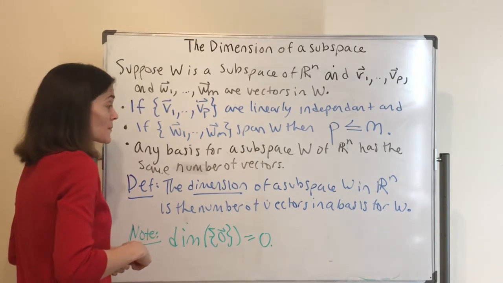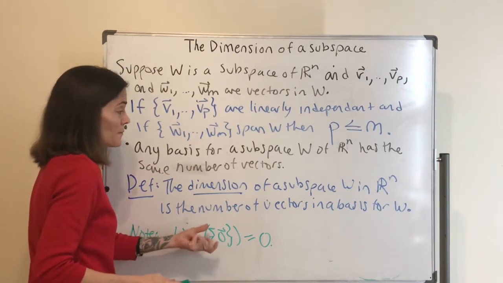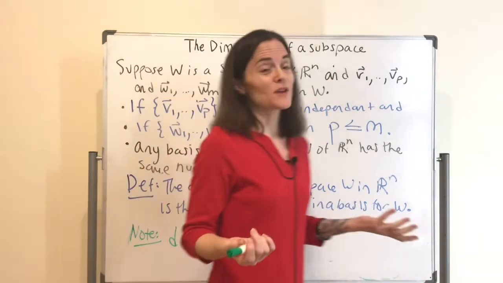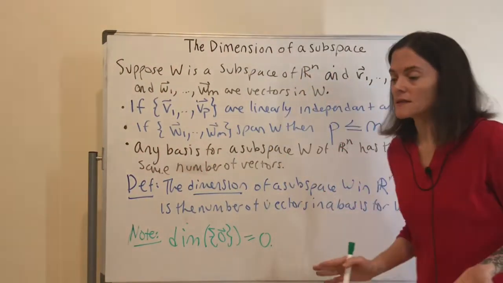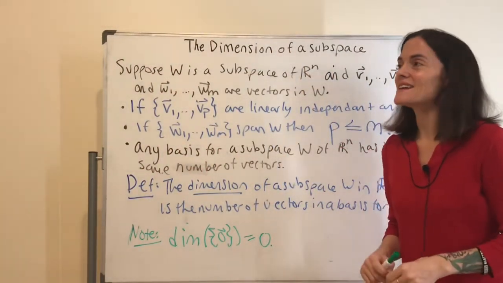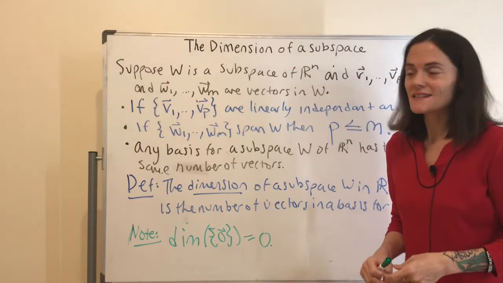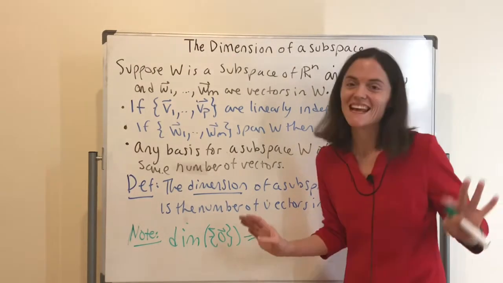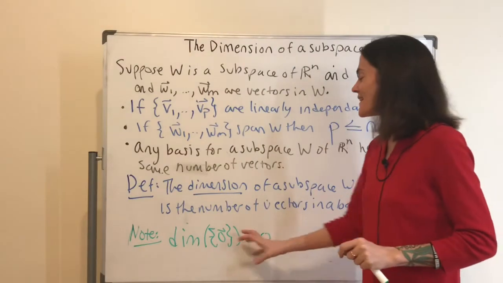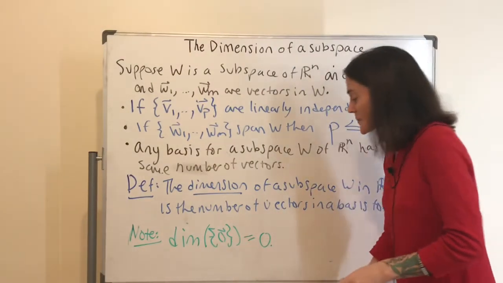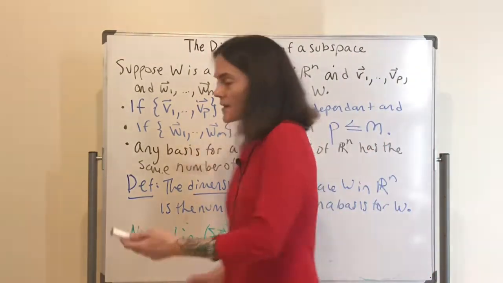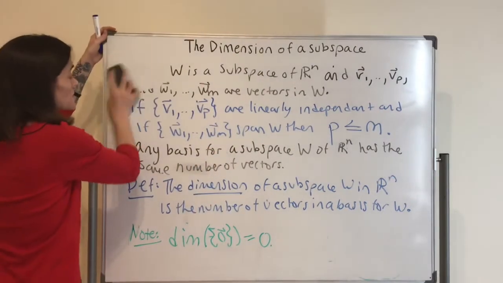One way you can think about that is how would you even get a basis for this? Well, you certainly can't put 0 in a basis. 0 alone as a vector is linearly dependent. The basis is the empty set. The dimension of the zero vector space is 0.